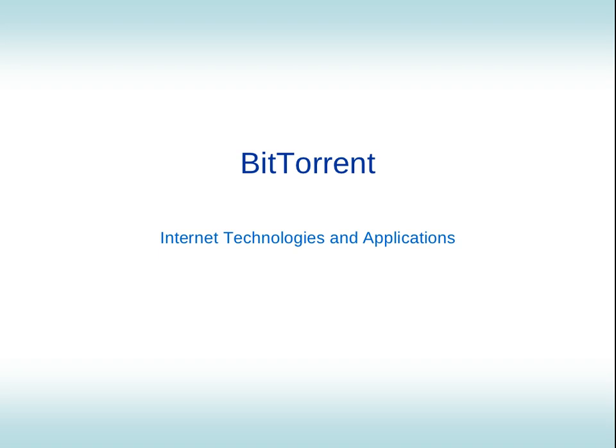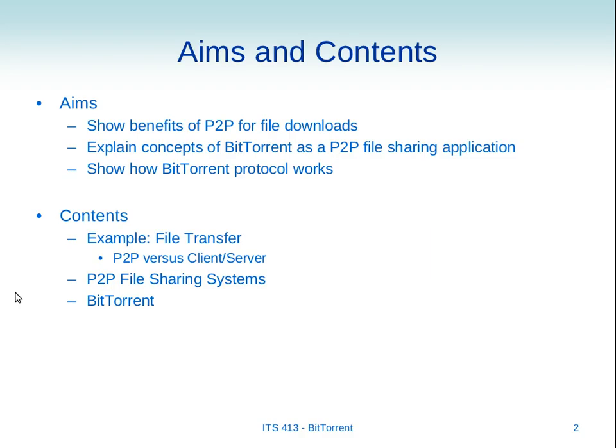We'll look at how we can transfer the data, to show the benefits of downloading files from peers rather than a server. And to show that, we'll use Bittorrent as an example. There are other protocols that do this, and show the basics of how Bittorrent protocol works.